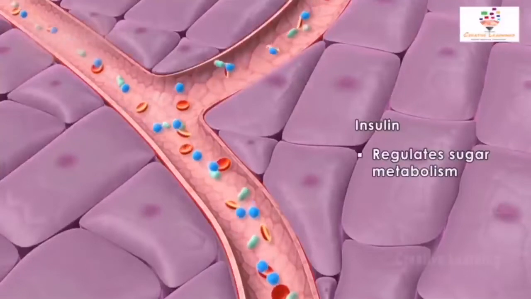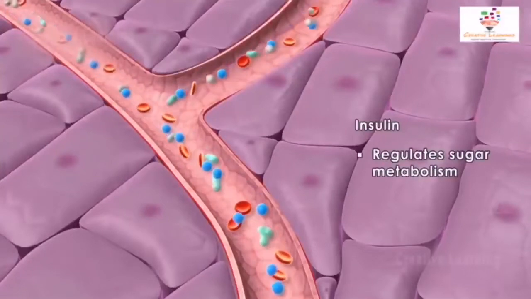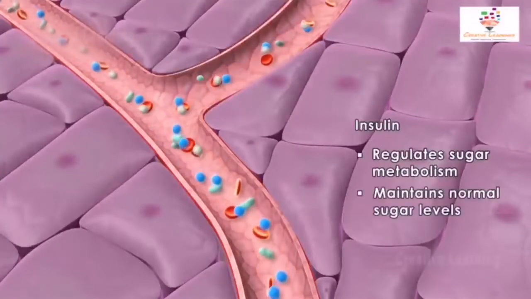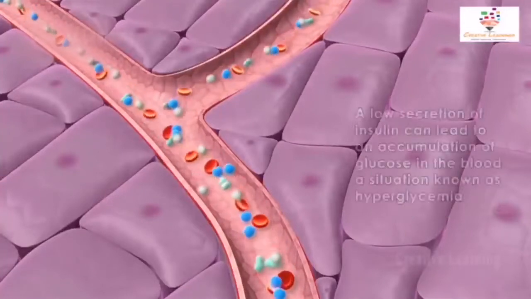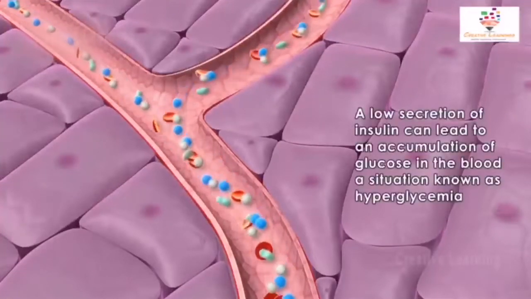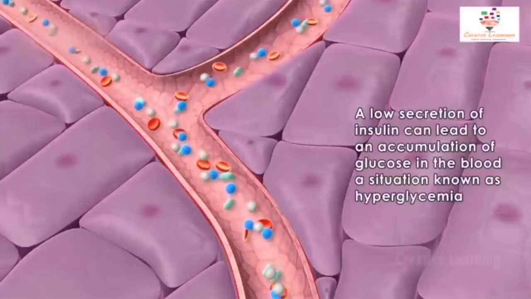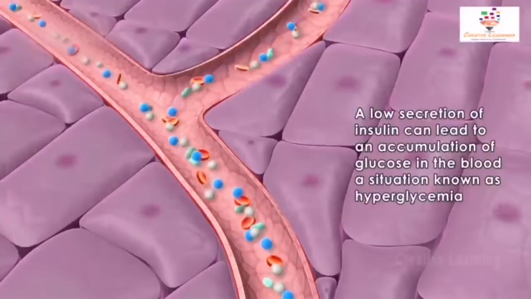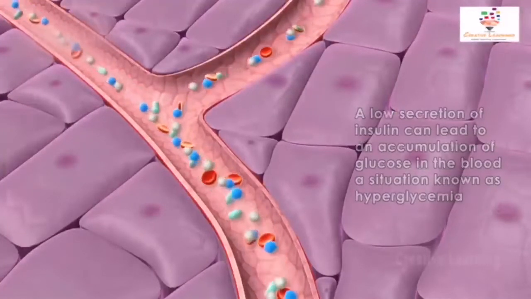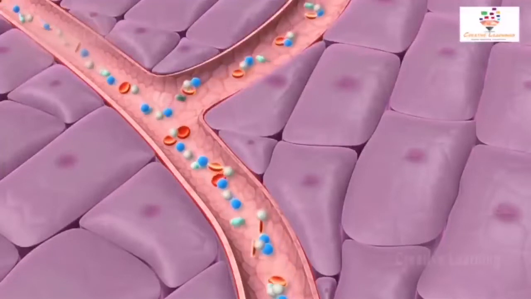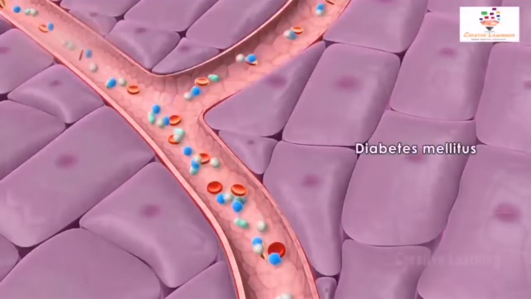Insulin regulates sugar metabolism and helps to maintain normal sugar levels in the blood. A low secretion of insulin can lead to an accumulation of glucose in the blood, a situation known as hyperglycemia, and to the metabolic disorder diabetes mellitus.